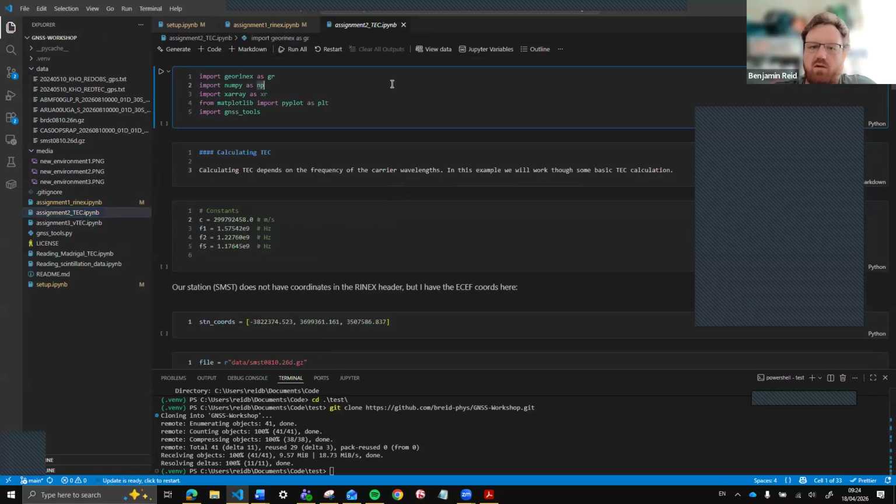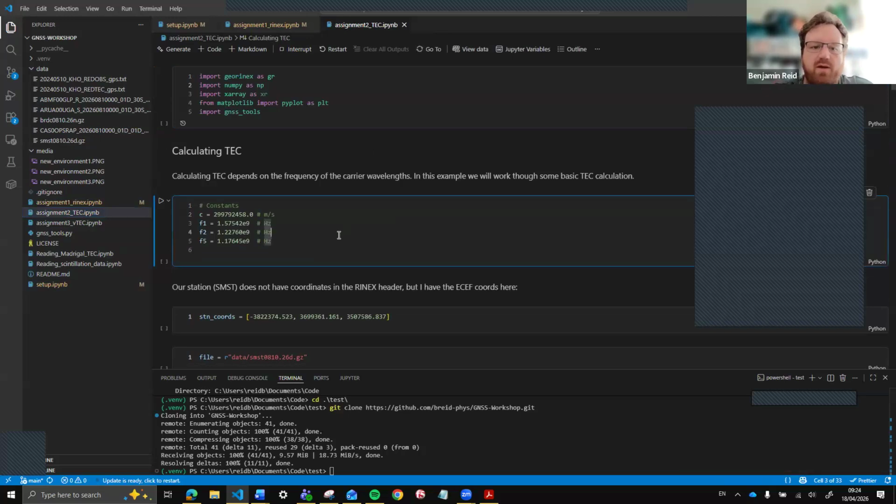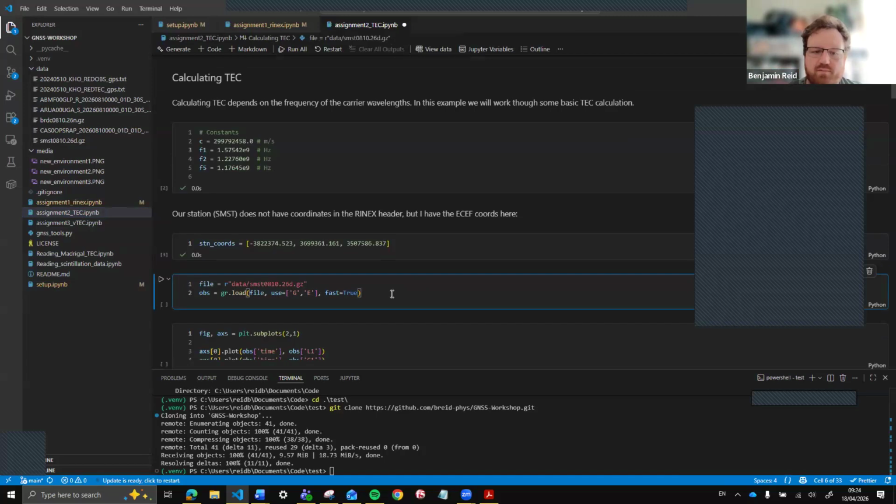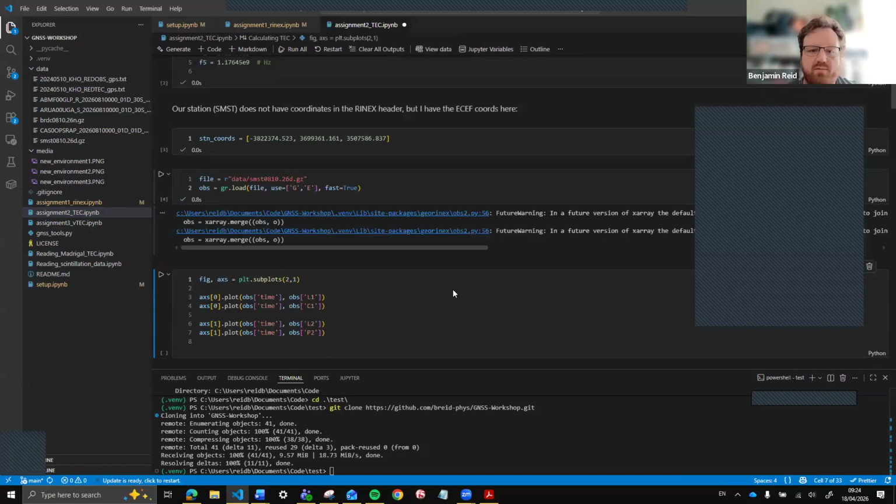So if we open up assignment two and import everything again, you can tell we're going to do real calculation because we have the speed of light and some frequencies defined now. And we're going to use that same first station because it's just nice. It's simpler to use GPS than the other one.